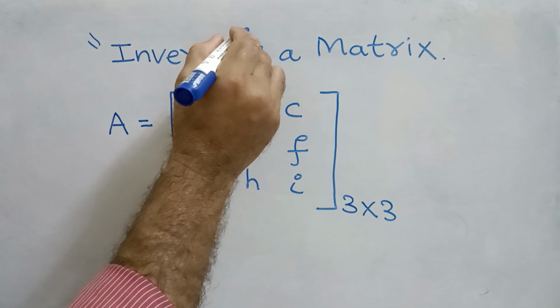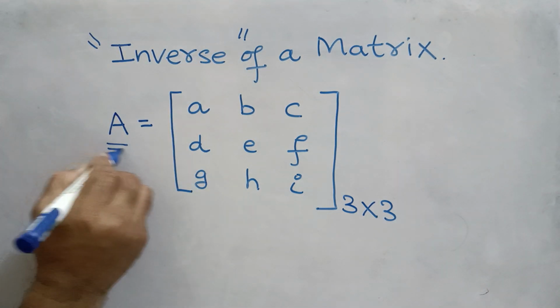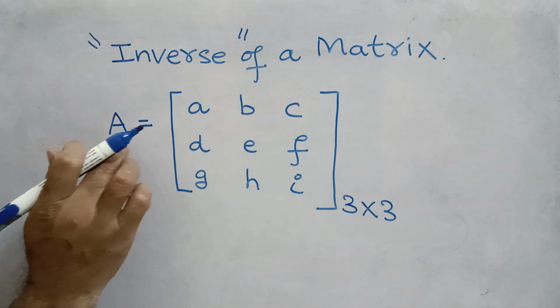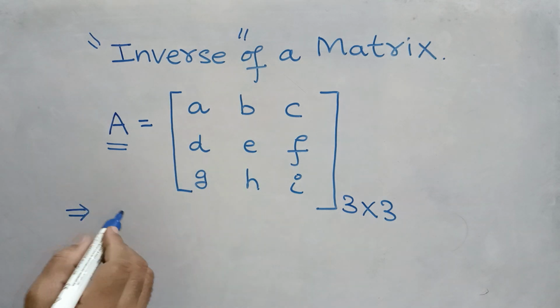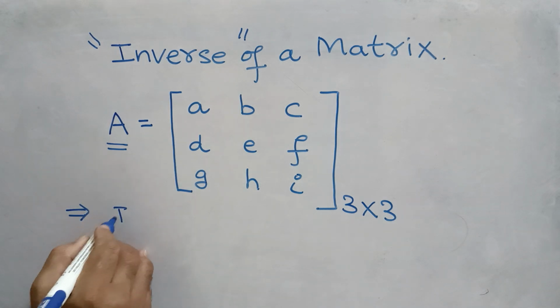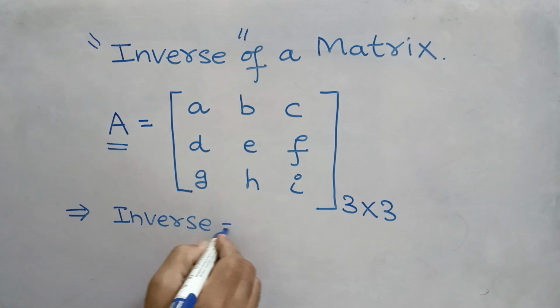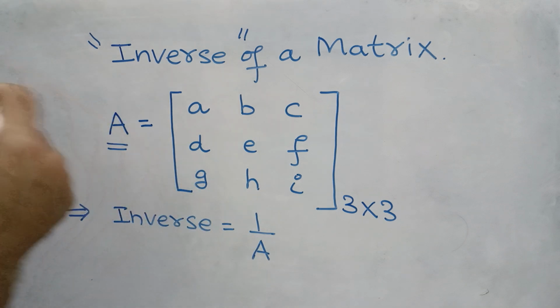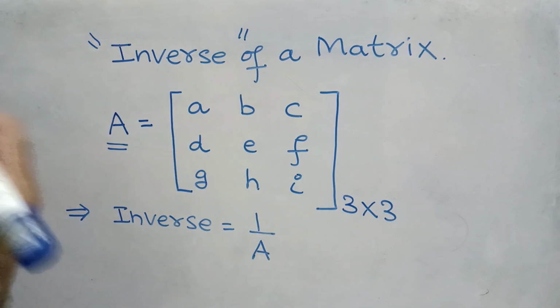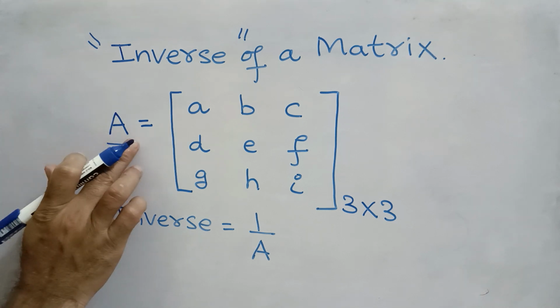Inverse, what is the inverse actually? If A is any given matrix, the inverse is nothing but the reverse. Inverse is nothing but 1 by A. Actually A is nothing but A by 1.